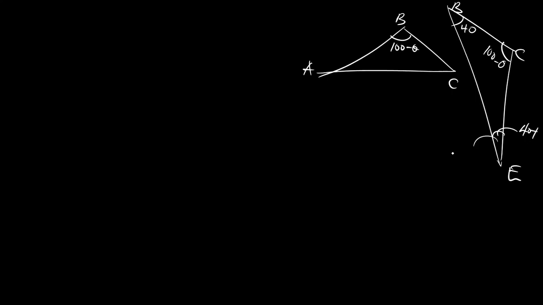Sorry, let me write it this way. 40 plus theta. Here is what? 80. Here is theta. Now let's look at this. This place is equal to this place, given. Now let's look at the similarities of these triangles. Now you have AB equal to CE, given.